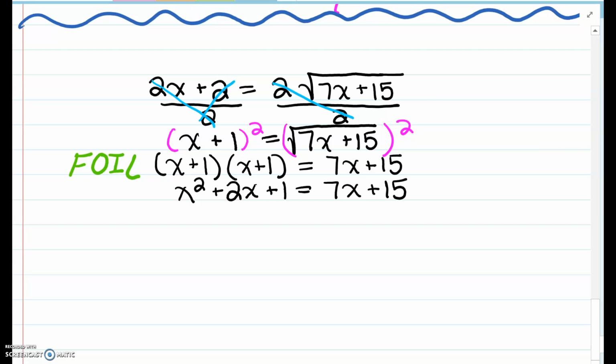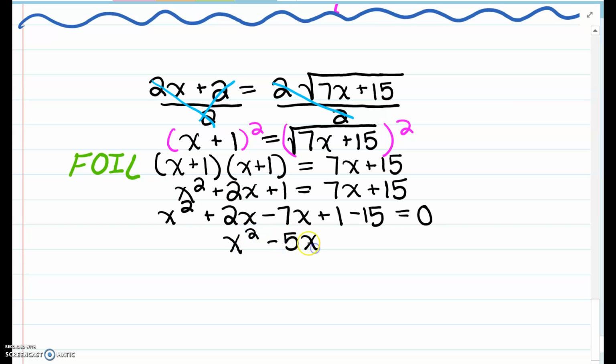We're going to move 7x plus 15 to the other side and combine like terms. x squared plus 2x minus 7x plus 1 minus 15 equals 0. And when we combine like terms, we will end up with x squared minus 5x minus 14 equals 0.